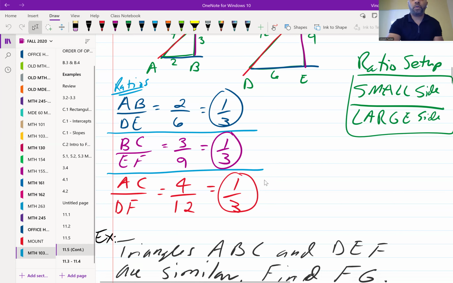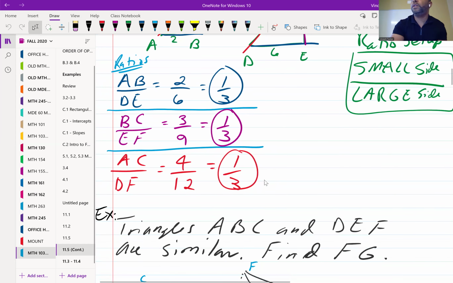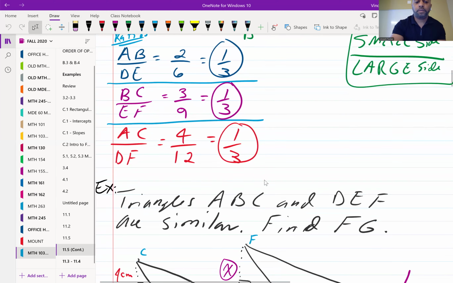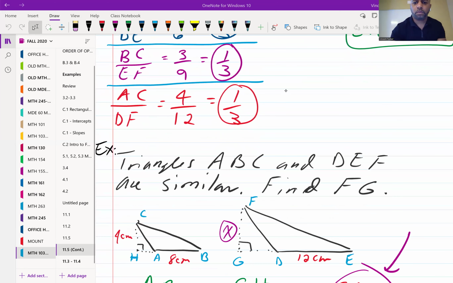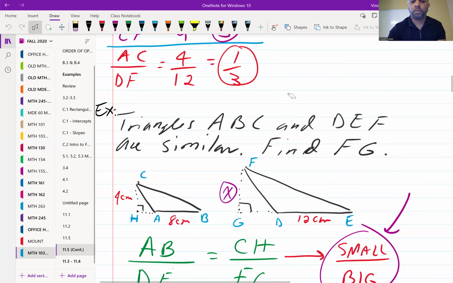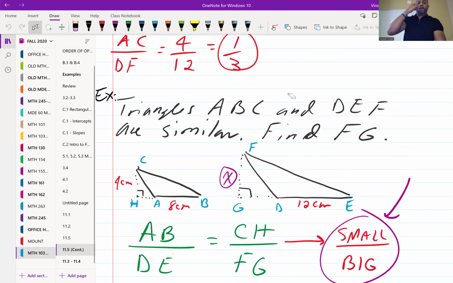Scrolling up to an example, very good. All right, let's look at triangles ABC and DEF. They are considered similar and they tell us to find FG.